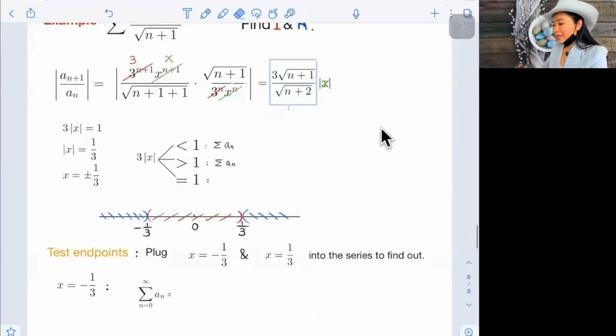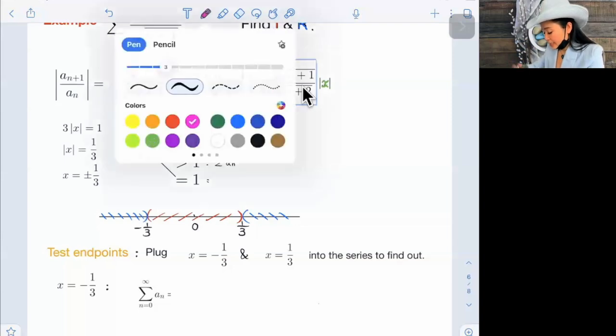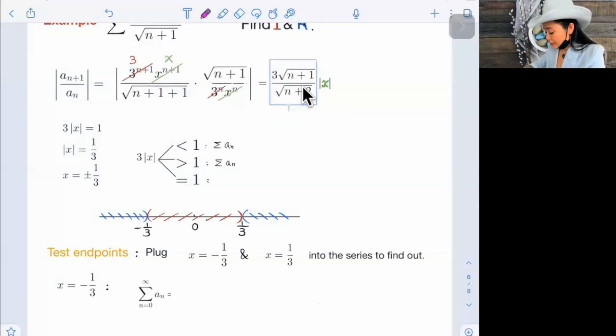Okay. All right. Now we're going to take n going to infinity. As n goes to infinity, what happens to this? What does it go to? You look at the dominating trend, remember? Infinity over infinity. It depends. So look at the dominating trend. This is kind of like 3 square root of n, right?